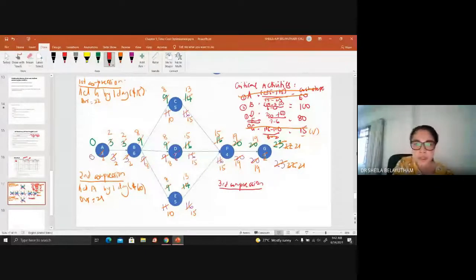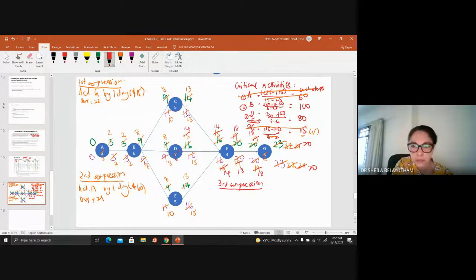Okay, so 8 plus 6, 14. So you have 13 from here, 13 from here, 14 from here. So 14 plus 4, 18. 18 plus 2, you will end with 20. Okay, 20 minus 2, 18. 18 minus 4, 14.